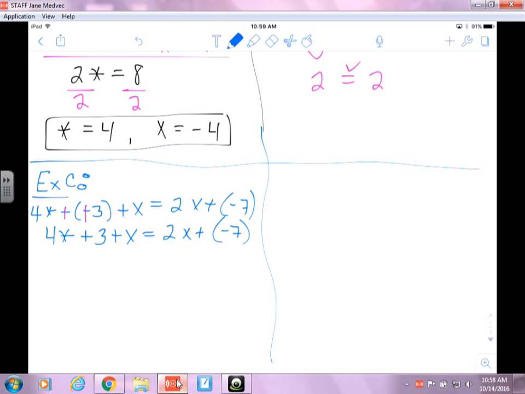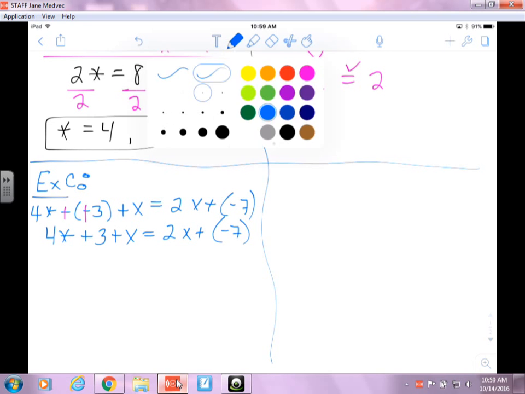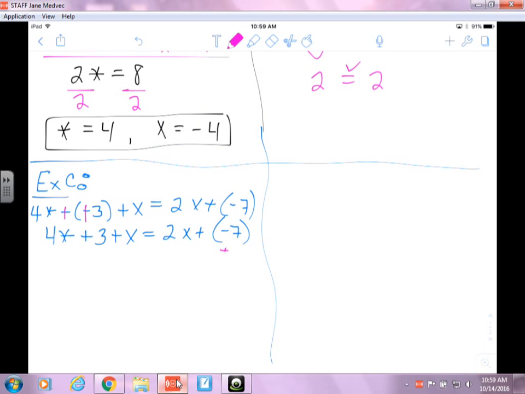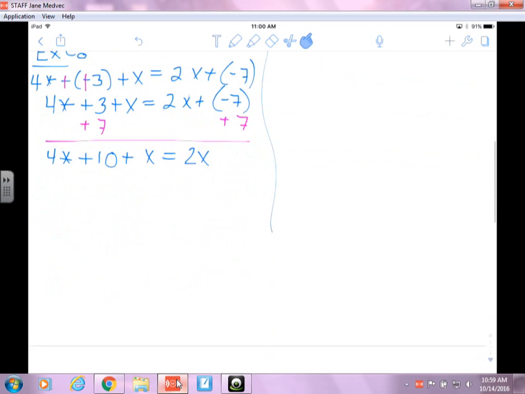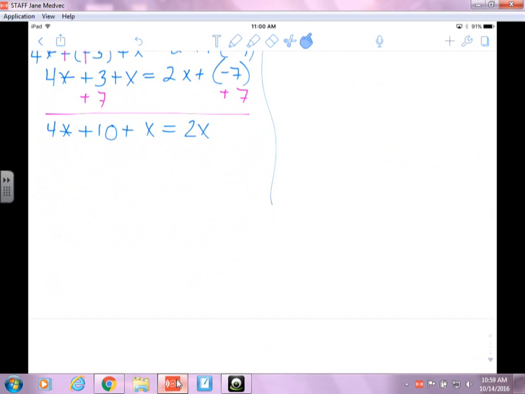I think the next thing that I would do is work on the numbers. I'm going to add 7 to each side because I like positive numbers. I like to be positive, so I want to do my positive numbers right here. So I get 4 star plus 10 plus x equals 2x. Now I want to get rid of my 4 star and my x.